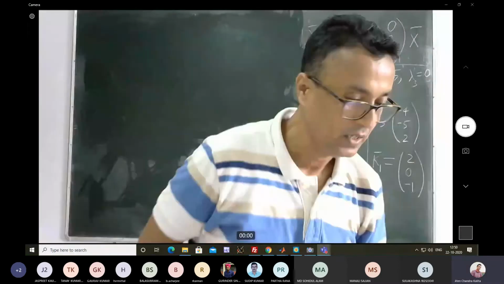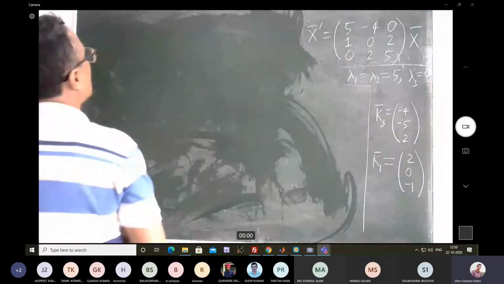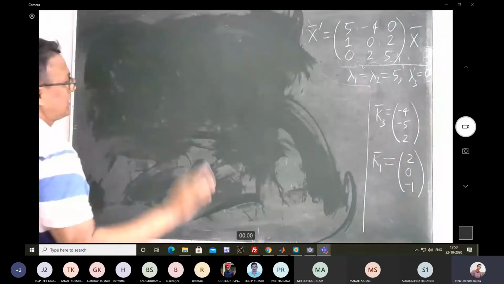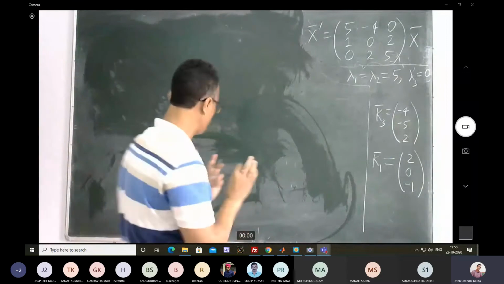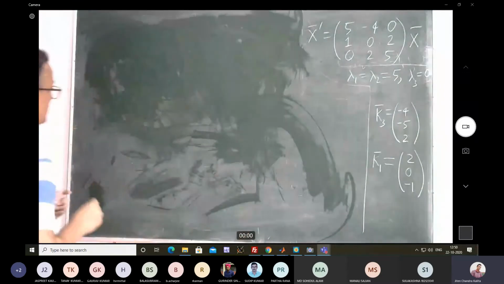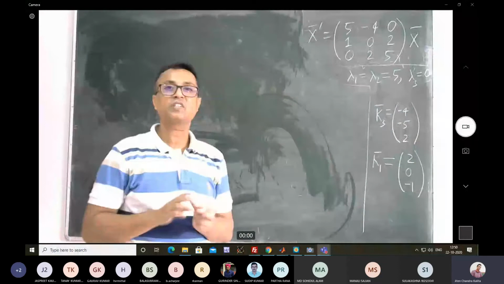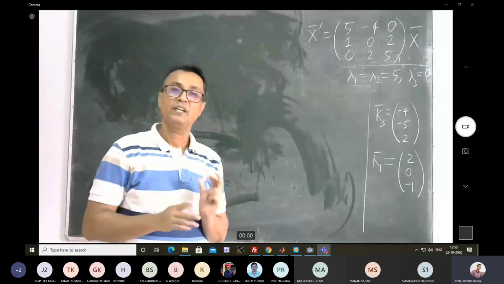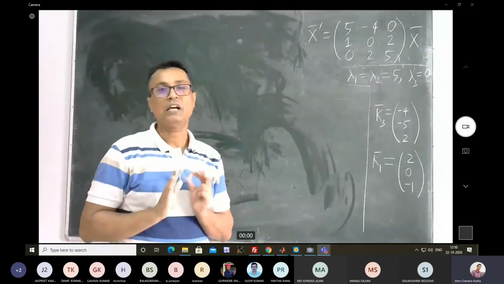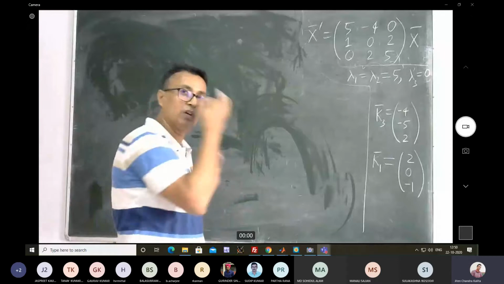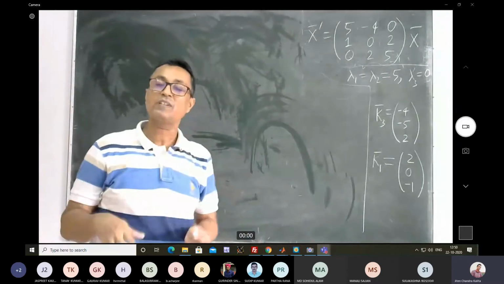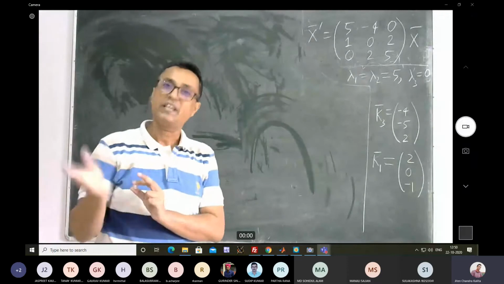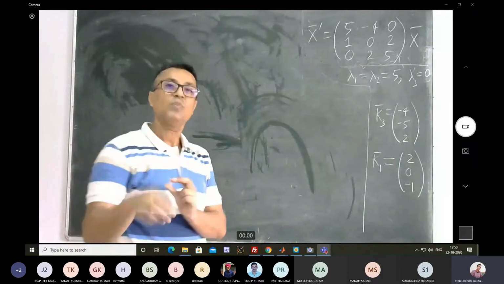Okay. For the time being, we are going to do it for an eigenvalue of multiplicity 2. Whatever I derive, you will be able to easily extend to an eigenvalue of multiplicity m greater than 2.